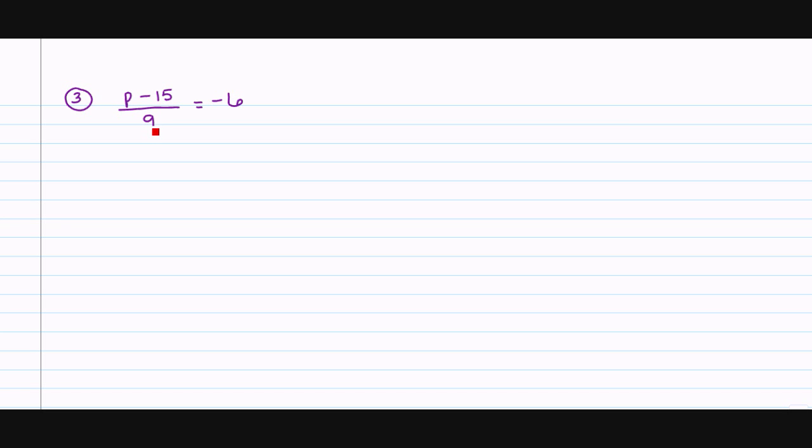They're dividing by 9. The opposite of dividing is multiplication. So I want to multiply both sides by 9. That cancels out, leaving me with p minus 15 equals negative 54. Because negative 6 times 9 is negative 54.